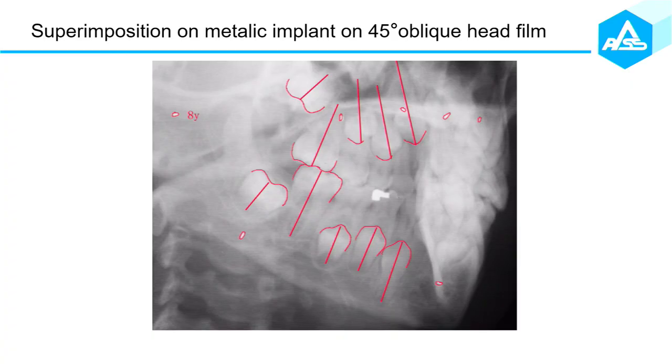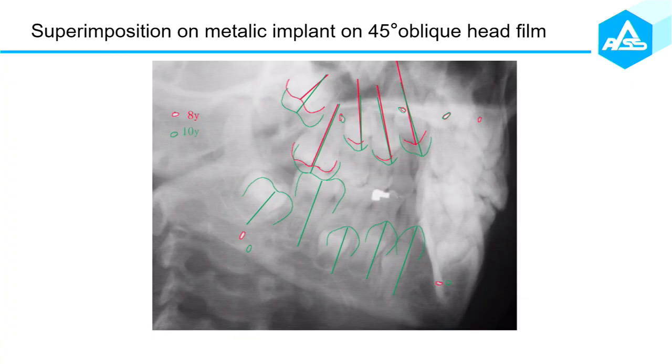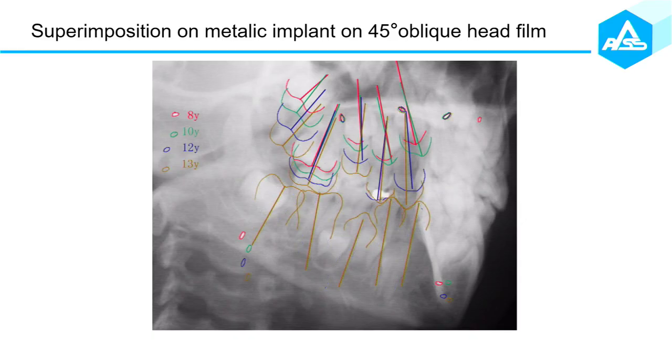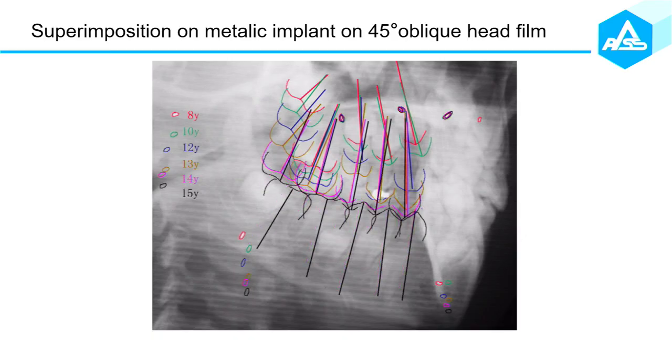This is 8 years old, 10 years, superimposed on the metallic implants. 12 years, 13 years, 14 years, and 15 years. Now you see all posterior teeth tipped forward during growth, and anterior teeth tipped backward during growth.